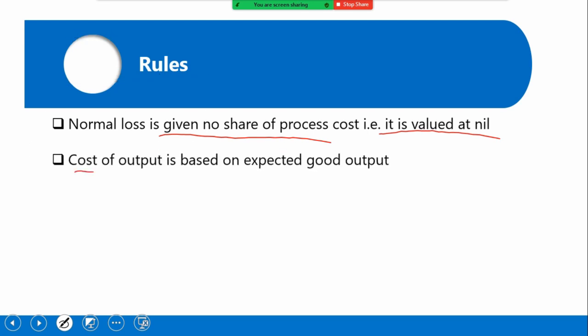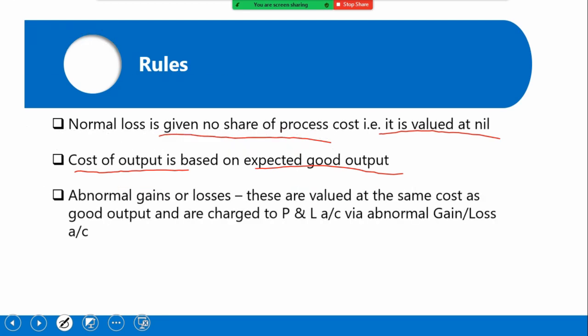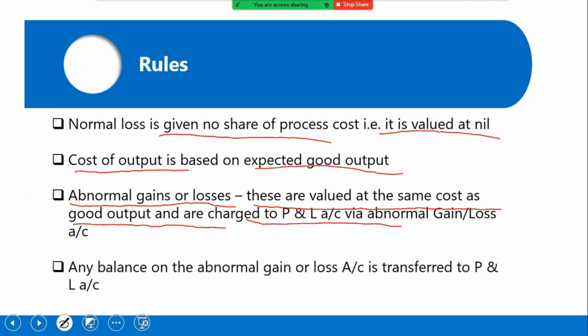Cost of output is going to be based on the expected good output. Abnormal gains and losses are valued at the same cost as the good output and are charged to P&L. We shall see that in our activity. Any balance on the abnormal gain or loss is transferred to our P&L. So basically, those are the rules of the game.